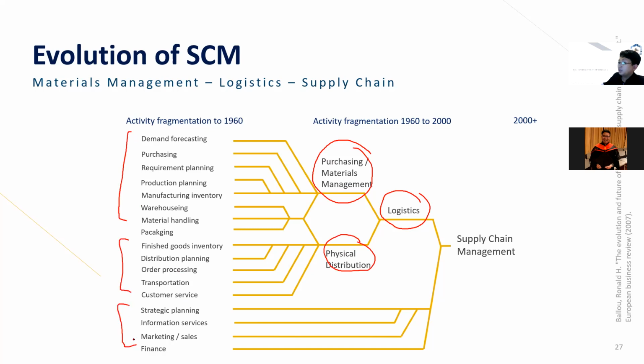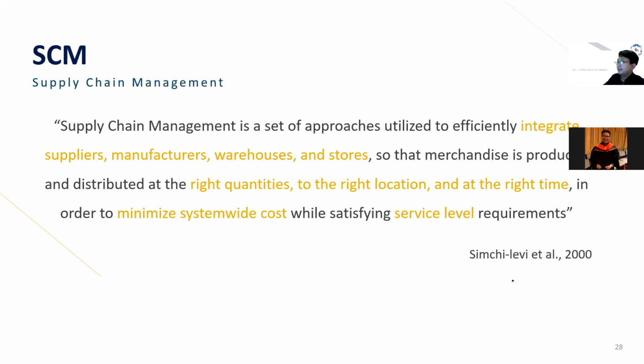And when you consider the strategic planning, information and services, marketing and sales, and finance, then it gives rise to the terminology of supply chain management. Okay, and this is the definition of supply chain. I think I already discussed this in the previous lecture in the PhD seminar.